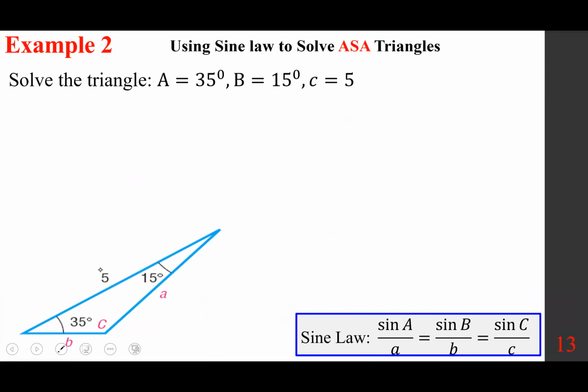Here's ASA, angle side angle. Solve the triangle. A is 35 degrees, B is 15 degrees, C is 5.